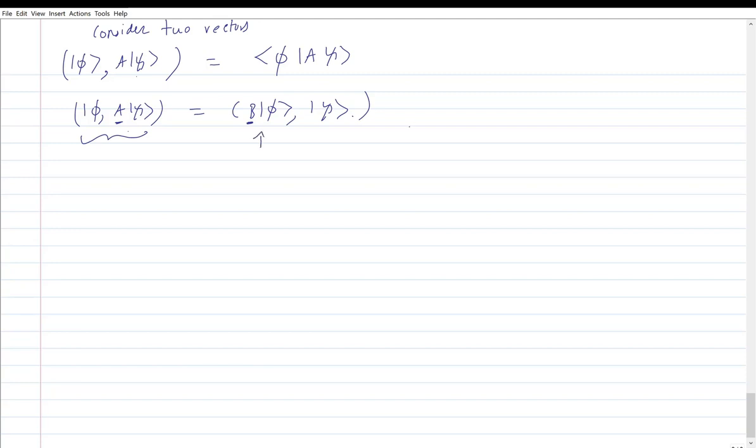I can ask what is B. Well, B turns out to be A dagger, which I call the Hermitian conjugate or adjoint.